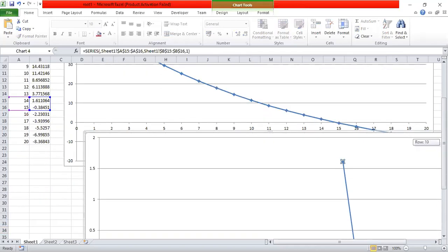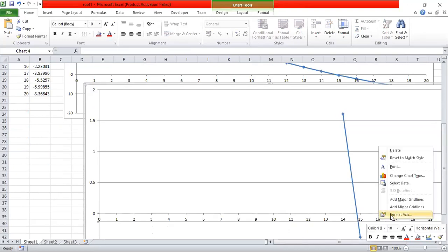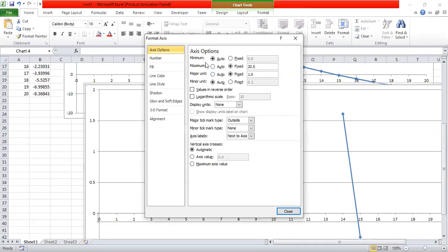So when we narrow the plot, we get this. Then let me change the axis. Let me say the maximum should be 15.